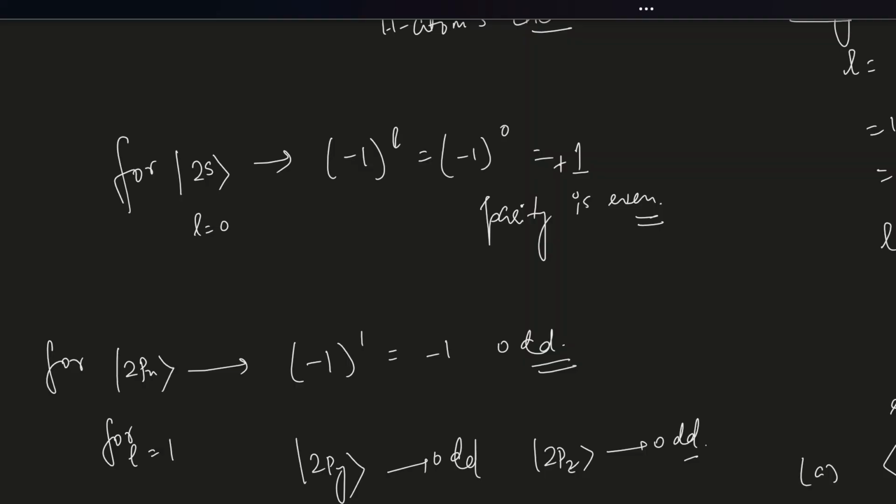And the second case was that 2s, so here this is even, here this is even, but here this is odd. So even and even, but even and odd makes it odd. So this is overall odd. So the integrand will be equal to 0.